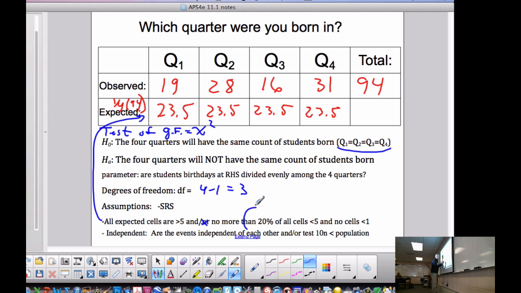I'm going to do it above here. Is 10 times 94 less than the population of Rosemount high school students? Yeah, we have 22,000, right? So 940 is less than the population. We're okay there too, just to make sure. Everybody with me so far? I can move on.